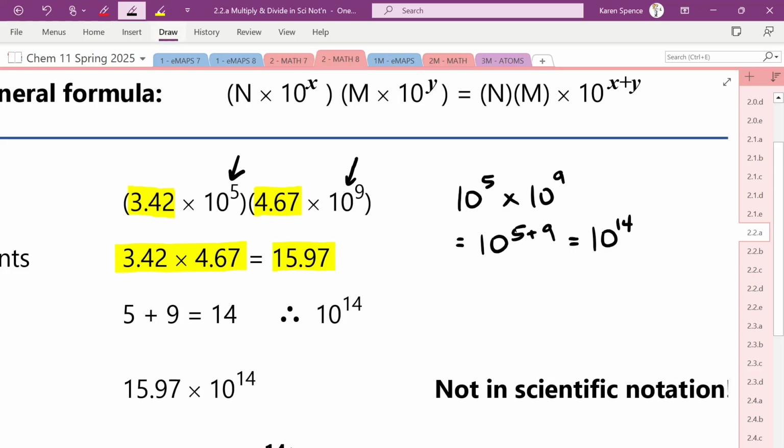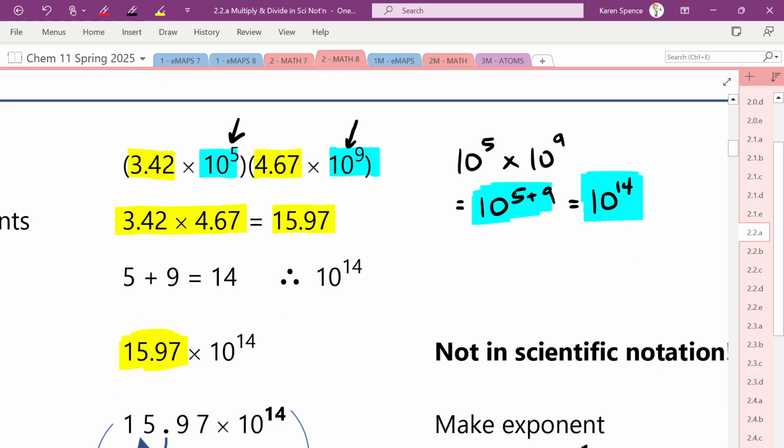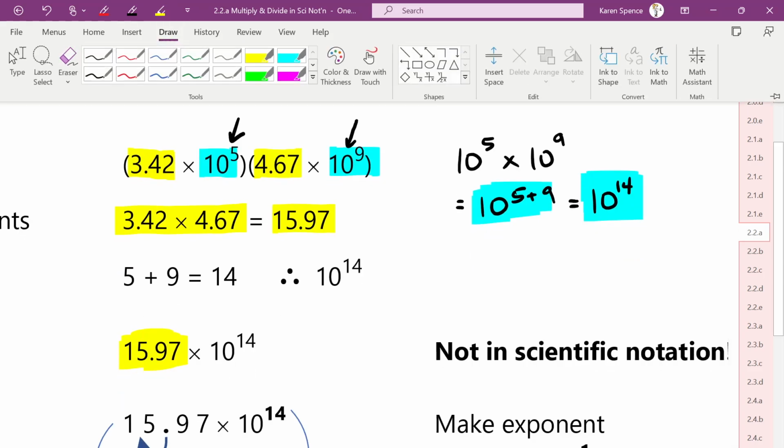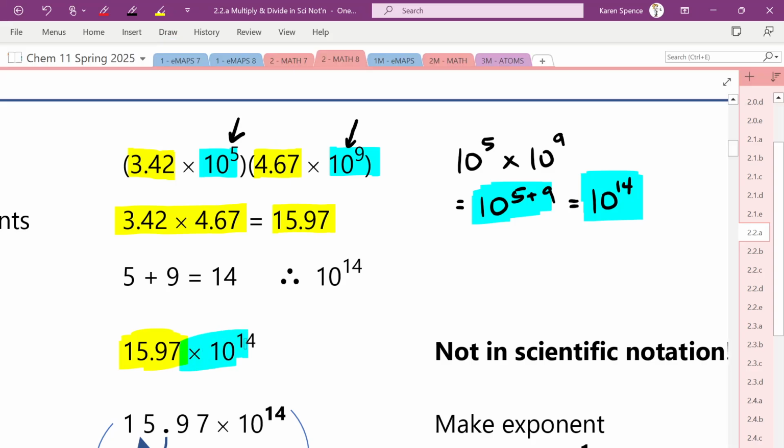That is this part of the number, our power of 10. Now we're going to put them together. My coefficient is 15.97, and my power of 10 is times 10 to the 14.